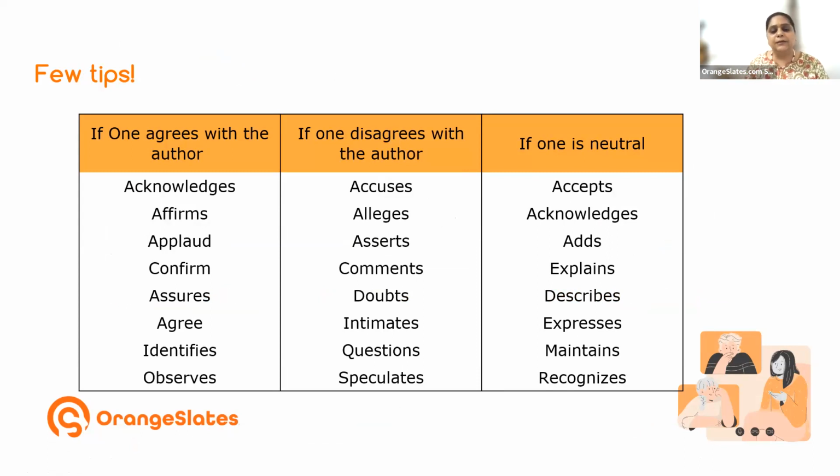If you disagree, you can use words like I question, if Portia was a good queen, for example, in Shakespeare. If one is neutral, then you can say, I can accept what your answer is. So these were a few tips for students.